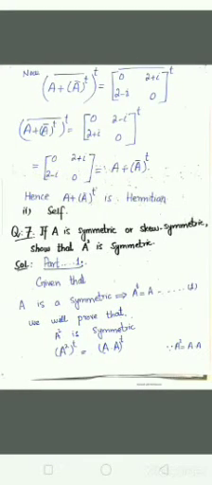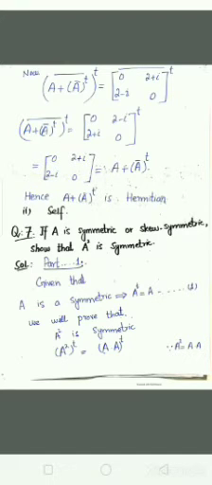Now we have to show that this matrix is a Hermitian matrix. To show that a given matrix is Hermitian, we first apply conjugate on the whole matrix and then apply transpose on the whole matrix, then we see the resultant matrix. Firstly, we apply the conjugate on this matrix.